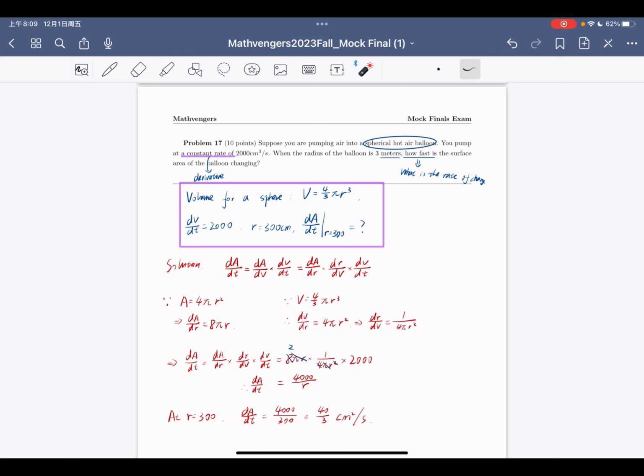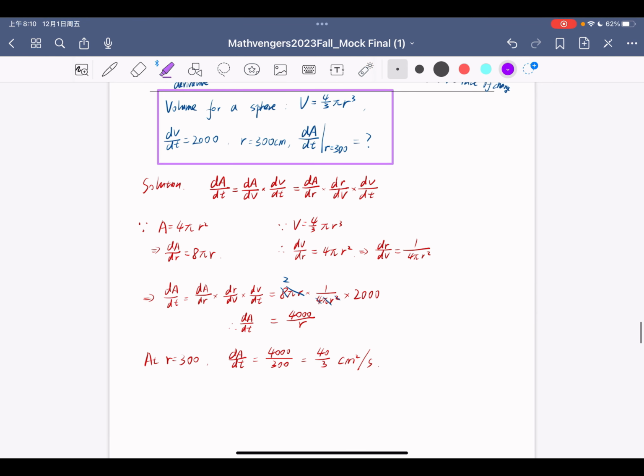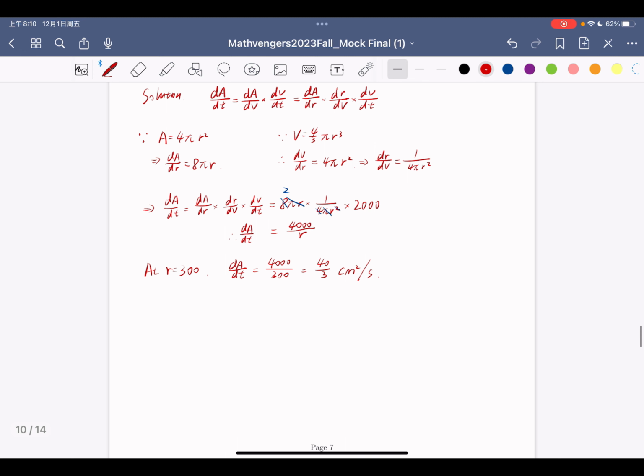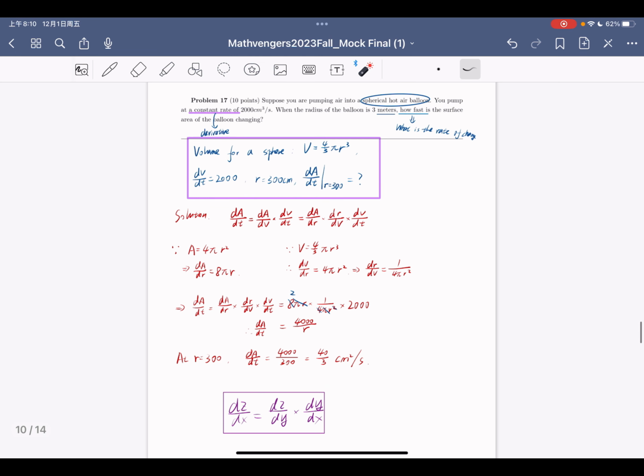If you look back at your WeBWorK questions, you can try questions where you use a formula like dz over dx is equal to dz over dy times dy over dx. This is the test point for this question.